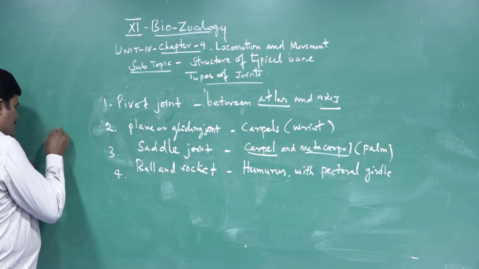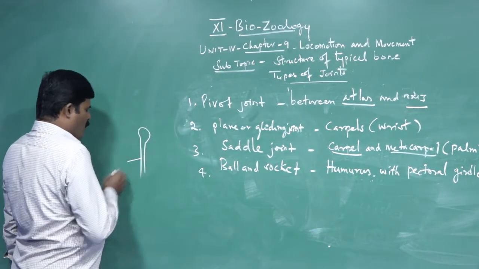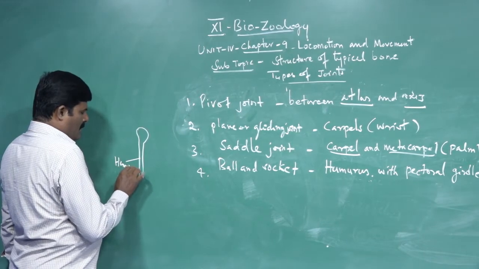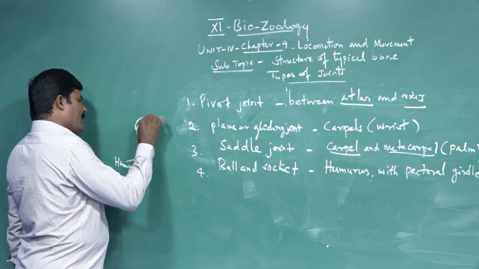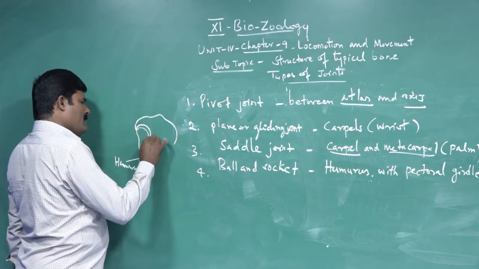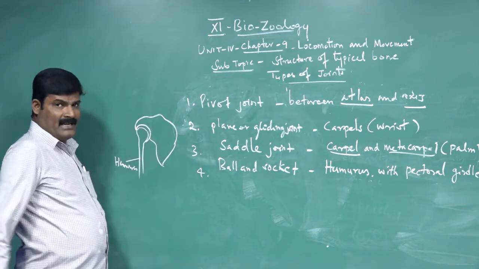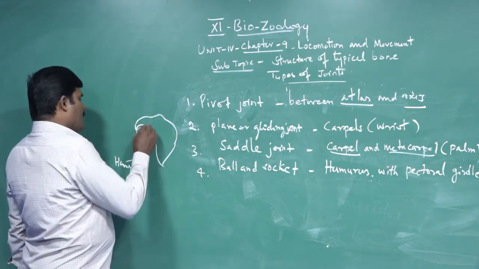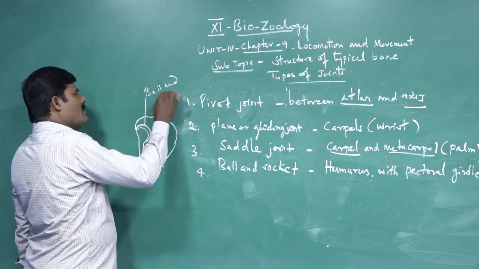So already we know this is the head of the humerus. The head of the humerus is connected with the glenoid cavity of the pectoral girdle. This is called a ball and socket joint.